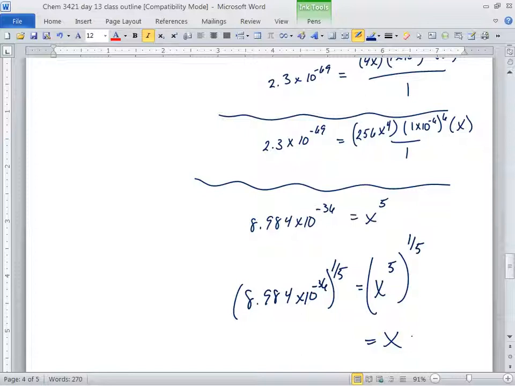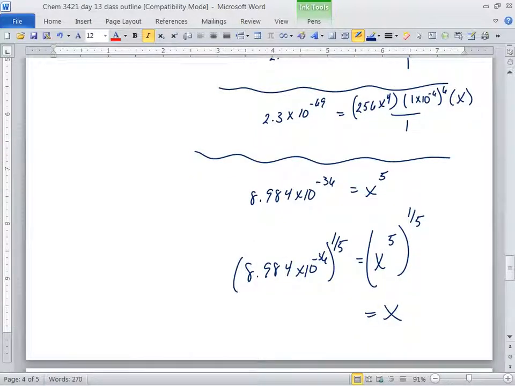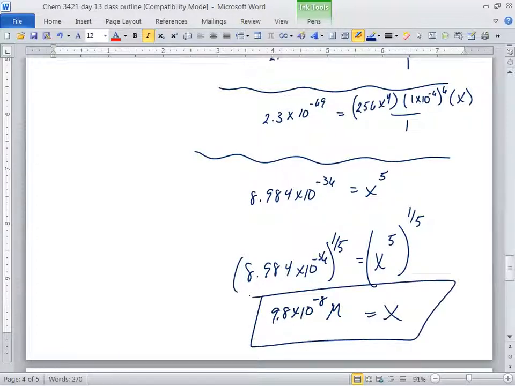So I'm going to put this number in, 8.984 times 10 negative 36, and raise it to the 0.2, because 1/5 is 0.2. And you get about 9.8 times 10 negative 8. That is my solubility. Okay. So make sure you can get all that on your calculator there.